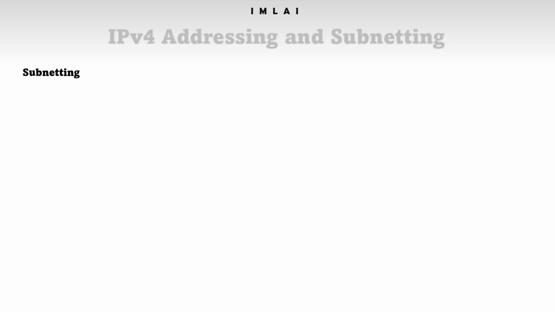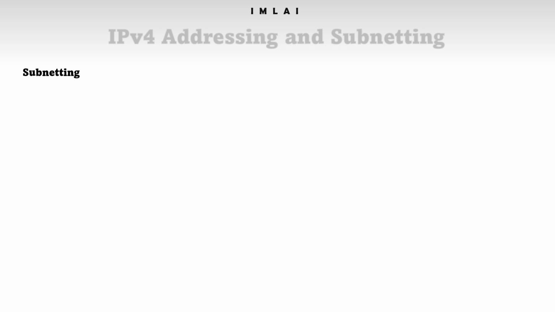Subnetting is the process of creating new networks by stealing bits from the host portion of a subnet mask. There is one caveat: stealing bits from hosts creates more networks but fewer hosts per network.